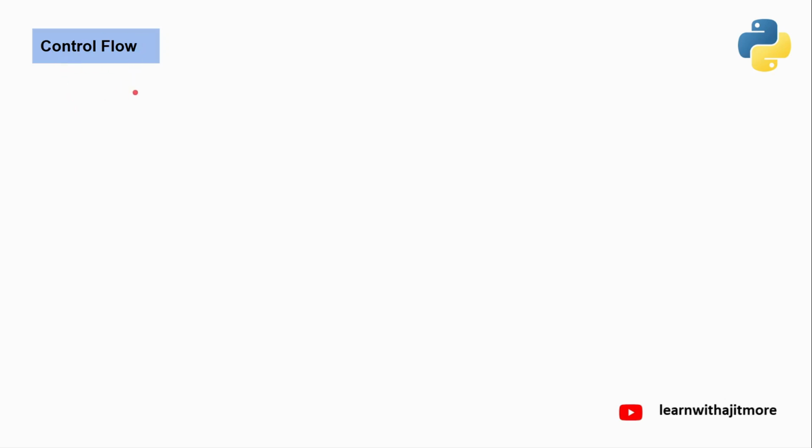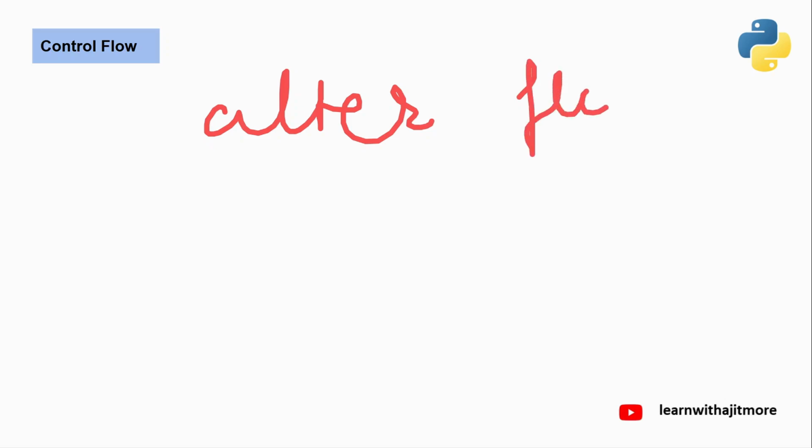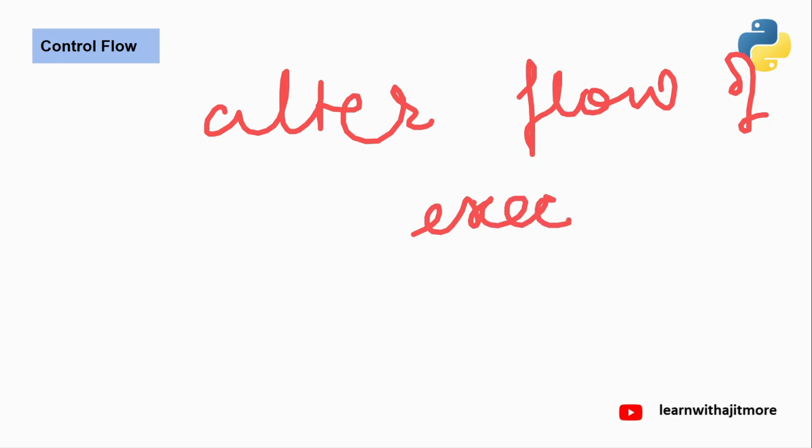So you can say control flow instructions alter the flow of execution. Alter meaning change. They decide in which order the instructions are going to get executed.